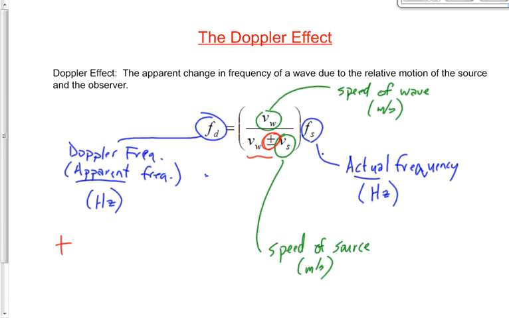If that bottom number becomes bigger, then FD, the Doppler frequency, the apparent frequency, becomes smaller. That must mean that the source is going away from me. So let's make that a plus when the source is going away from me, after the van has passed me, not when the van is coming towards me.